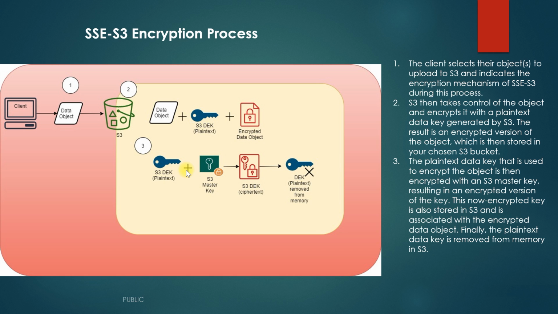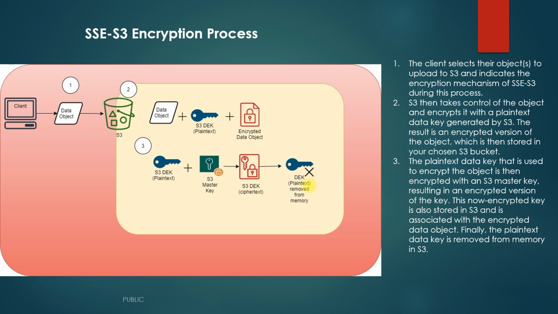Whatever plain text data encryption key we have used so far will again be encrypted with the S3 master key so as to generate the ciphertext data encryption key. And in the last step, the plain text data encryption key will be deleted from the memory.